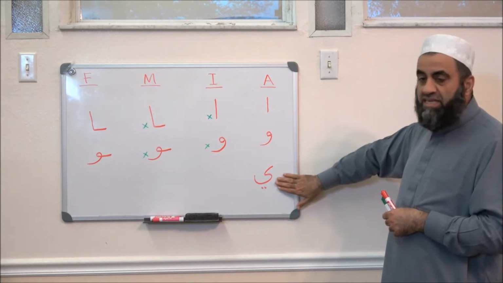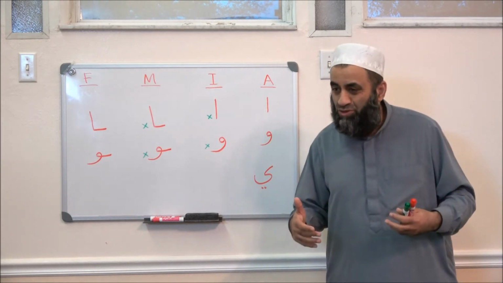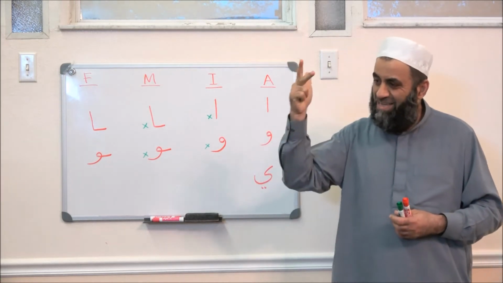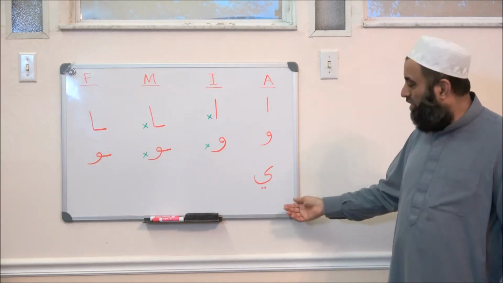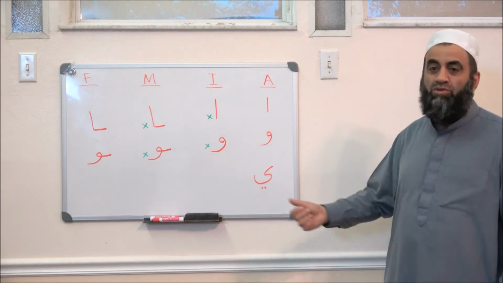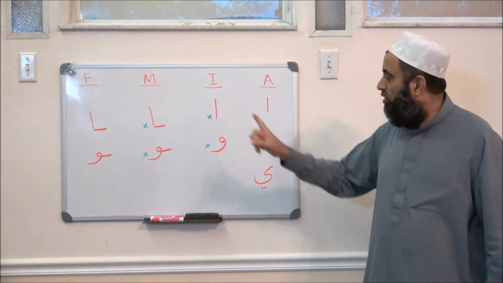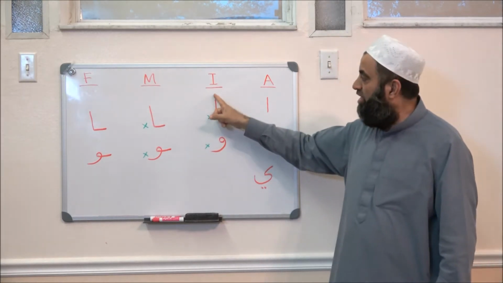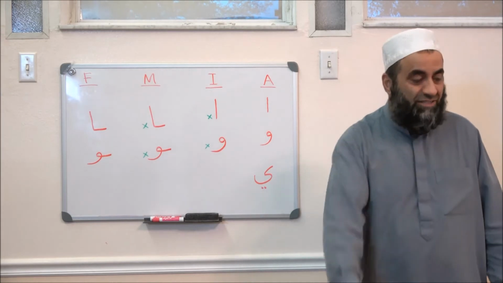Then we took the E and we associated the E with the family of the boat, with the Ba, Ta and Tha. What did we say? We said that this is a cousin. Why did we call the E a cousin to the Ba, Ta and Tha? We said because in 2 of the forms, precisely the initial form and the middle form, the E looks like its cousins.